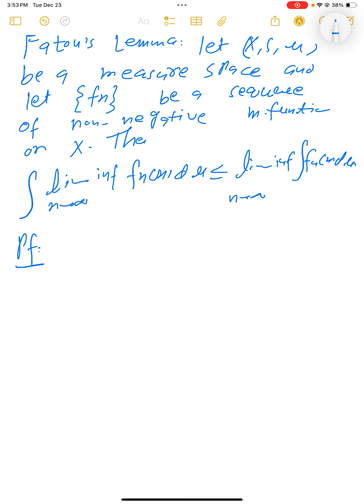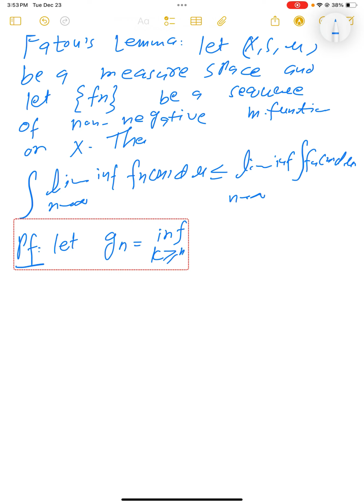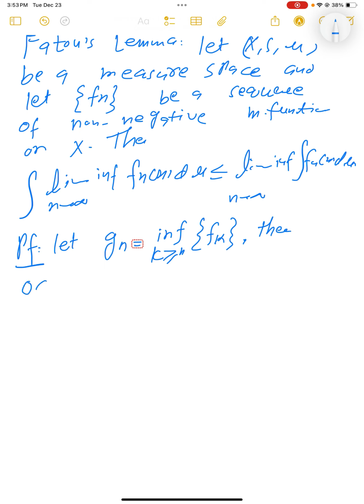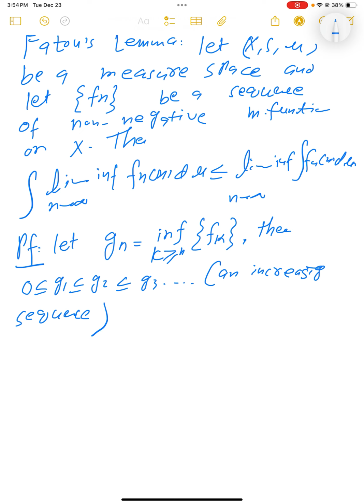Since we know lim inf is the sup of inf, let g_n be the infimum over k greater than or equal to n of f_k. Then 0 is less than or equal to g1, less than or equal to g2, less than or equal to g3. So this is an increasing sequence.